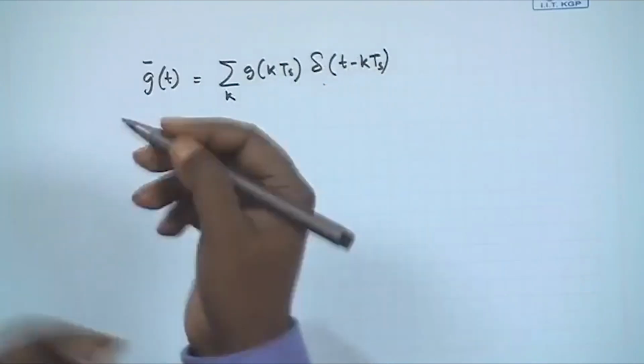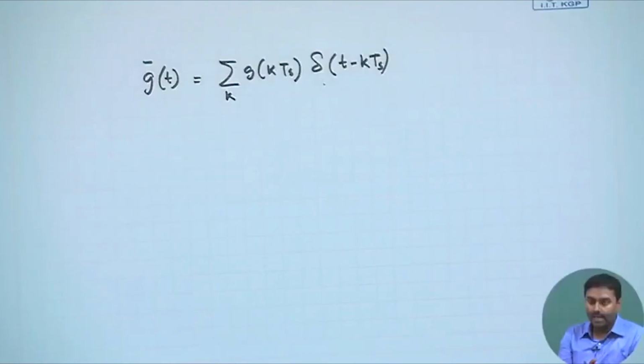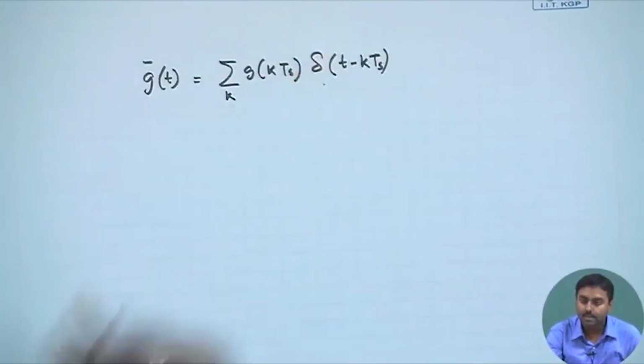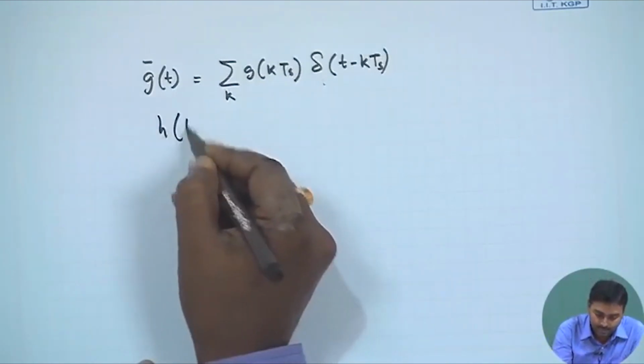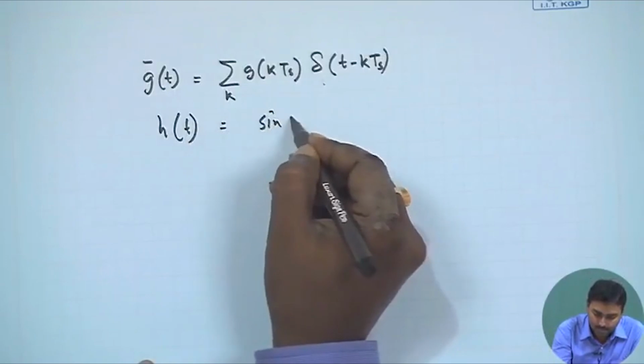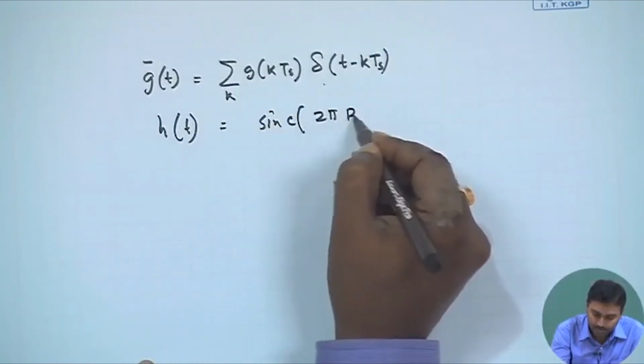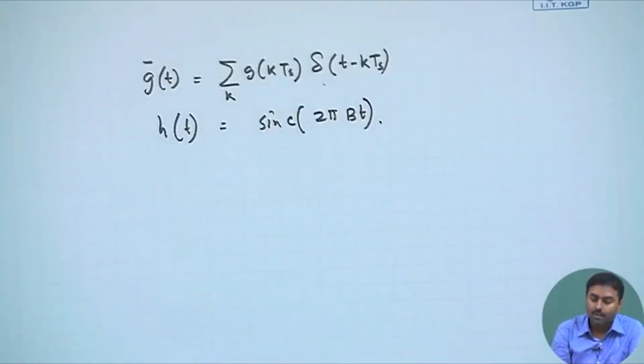You can even put n, earlier I was writing n. So, you can also do that. Okay. So, this is the g hat(t) and my h(t) is sinc 2 pi bt, right. So, what will be the output? It is convolution, we know it is a linear time invariant system because it is ideal. So, the output will be the convolution of h(t) and g hat(t).